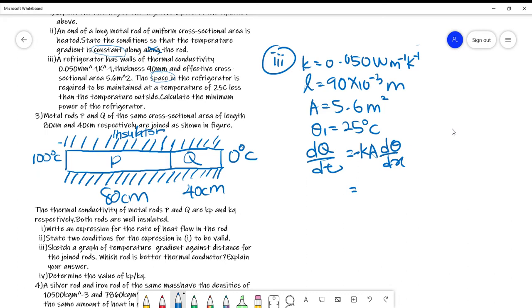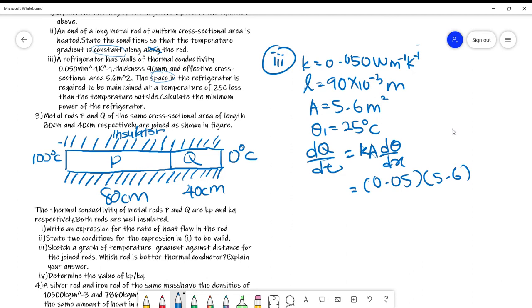Alright, the negative sign can be neglected in this case. So thermal conductivity is 0.05 and cross-sectional area is 5.6.